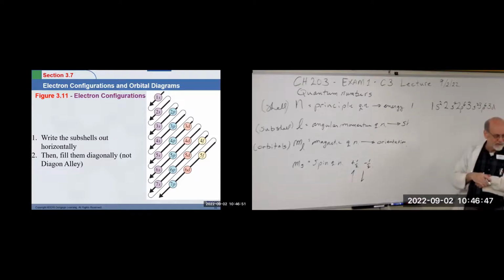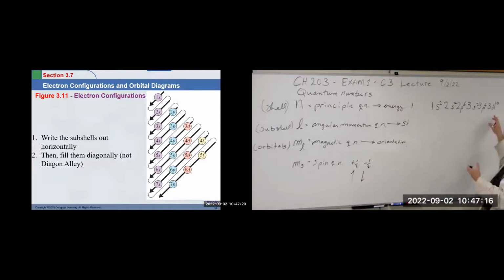Okay? And all you have to do is look at the periodic table. You know where the P's are being filled on the right-hand side. How many elements are in a period there? 6. So that tells you P is 6. If you go to the transition metals, how many are in there from left to right? 10, right? 10. -2, -1, 0, +1, +2. 2, 4, 6, 8, 10. So the D's can have a maximum of 10.